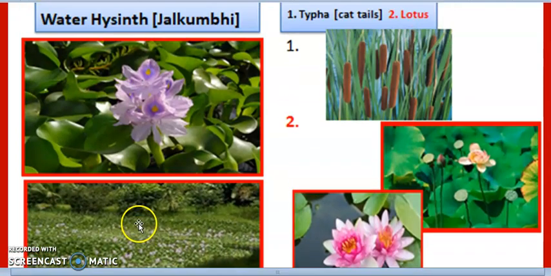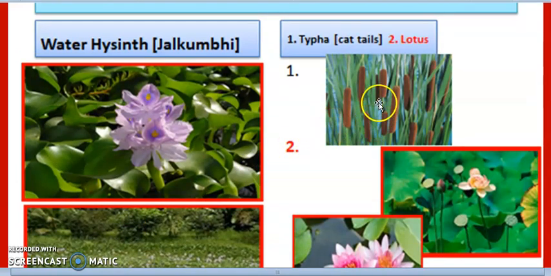And in the second image we see the cattail. Cattail is the local name, or it is mainly known as Typha plants. In this image we see the end of the plant, which looks like a cattail, so it is known as cattail.